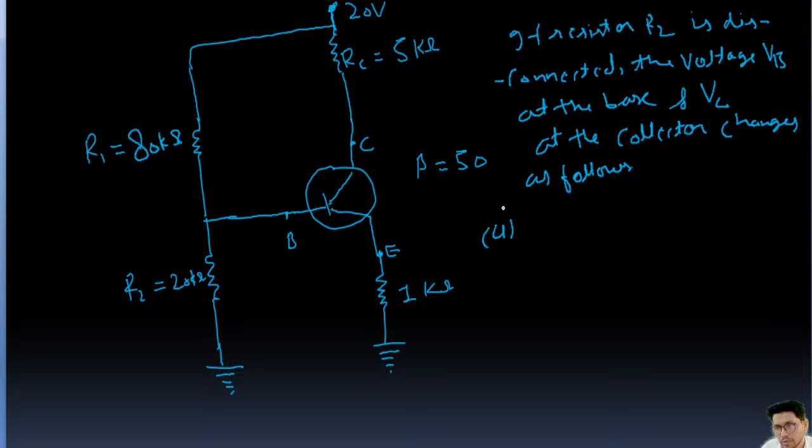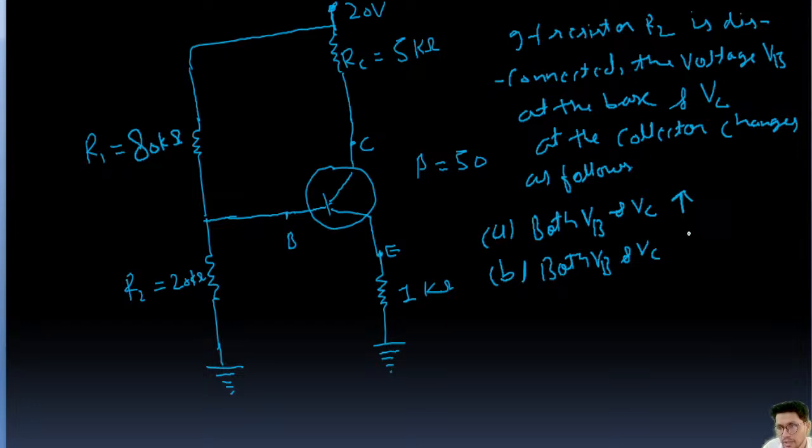Options are: option A, both VB and VC increase. Option B is both VB and VC decrease.